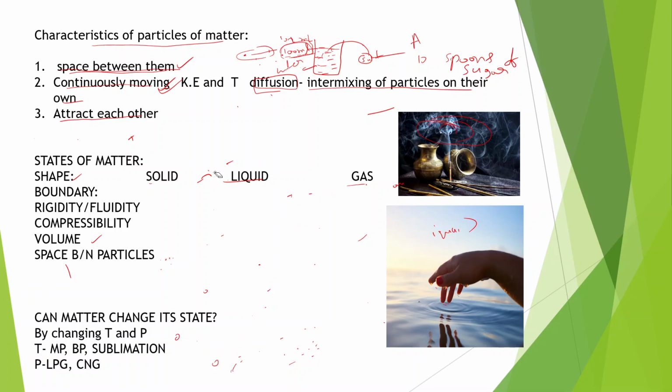How does a solid convert itself into liquid and into gas? We can observe in the environment that a solid can change into liquid and liquid into gas. The best example is in the Himalayas, where snow is present in a somewhat solid state.